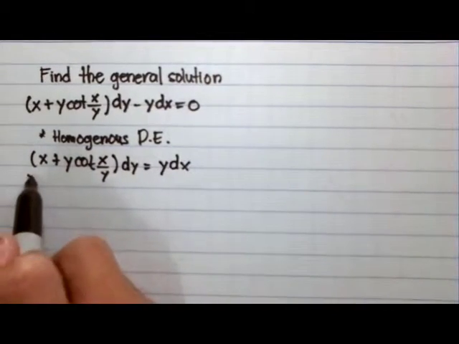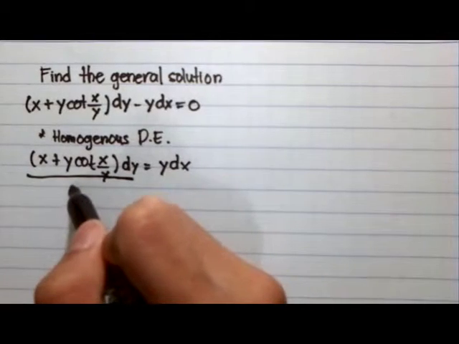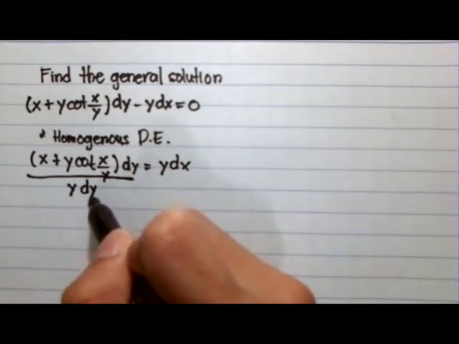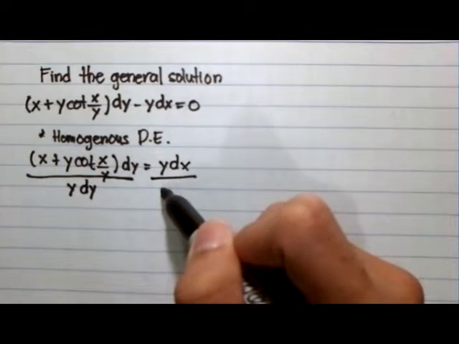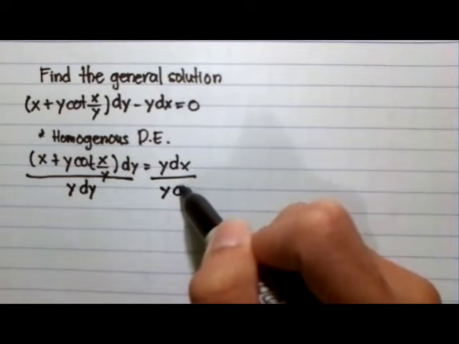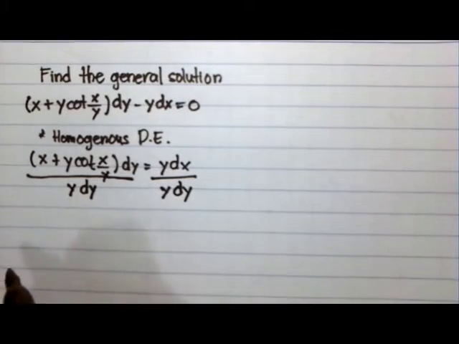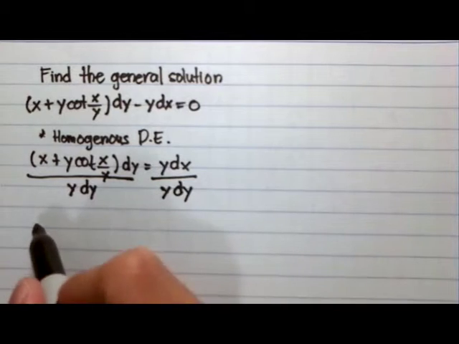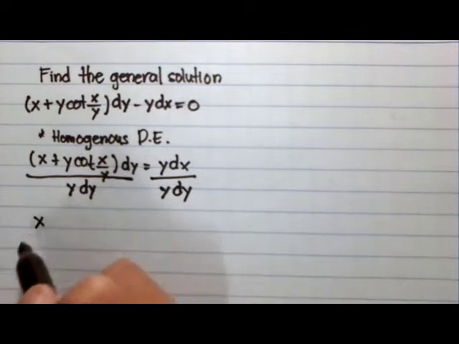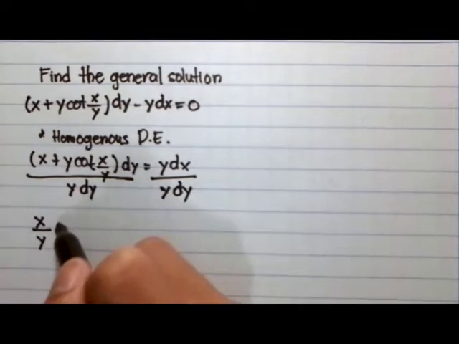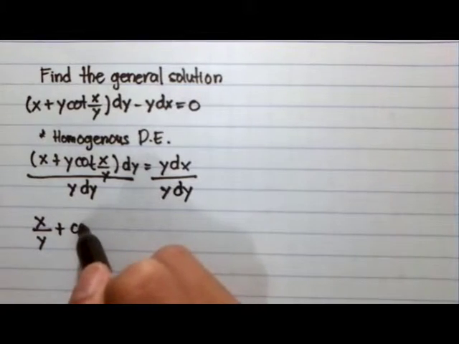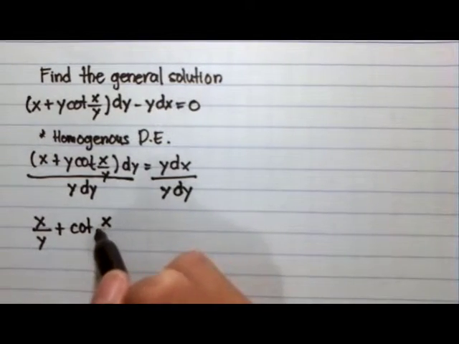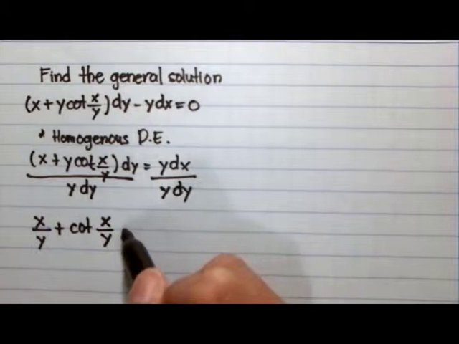And we divide both sides by y dy. And the resulting equation would be x over y plus cotangent x over y equals dx over dy.